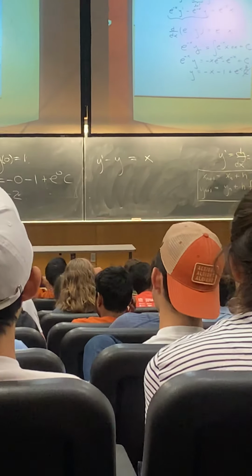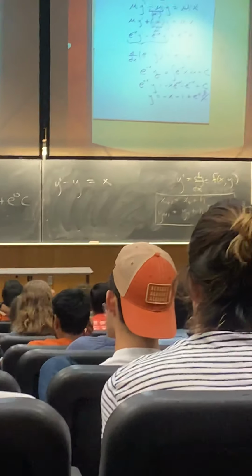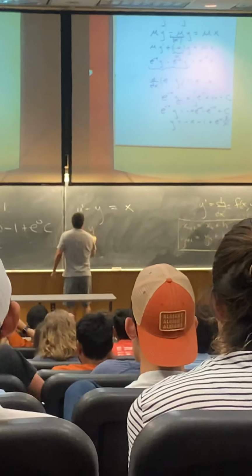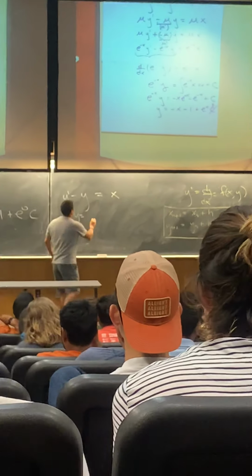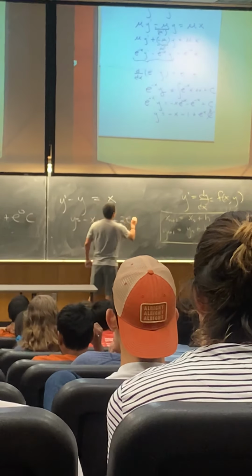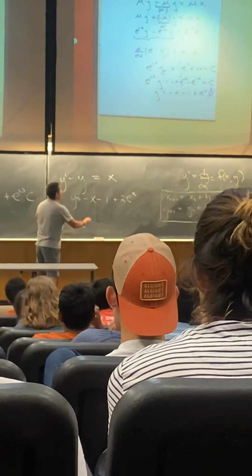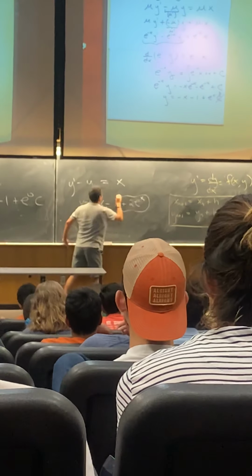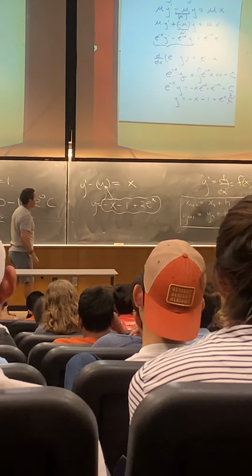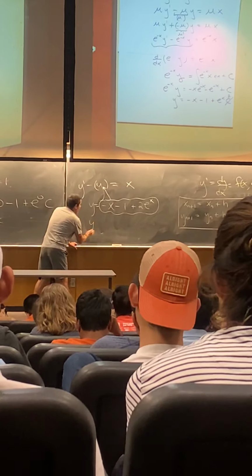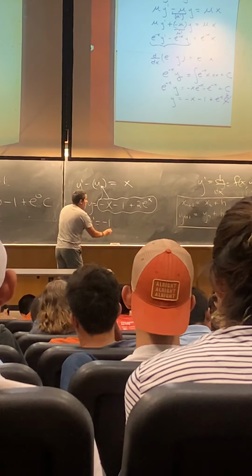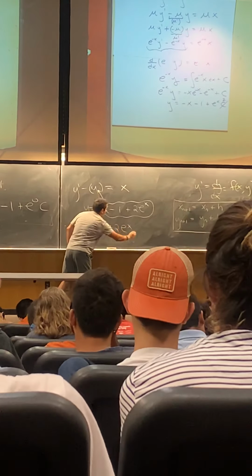I can go and plug in. The solution is y equal to minus x minus 1 plus 2 e to the x. I can plug all of this right there with parentheses. That is the y. And then I'm going to calculate myself the y prime. The y prime is minus 1 plus 2 e to the x.